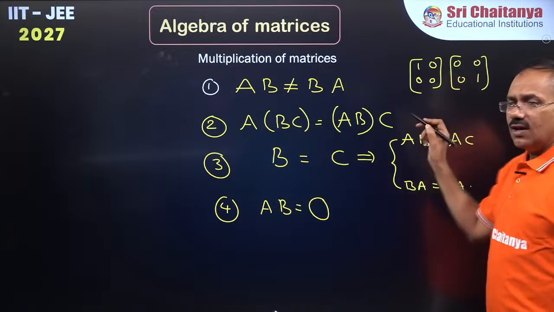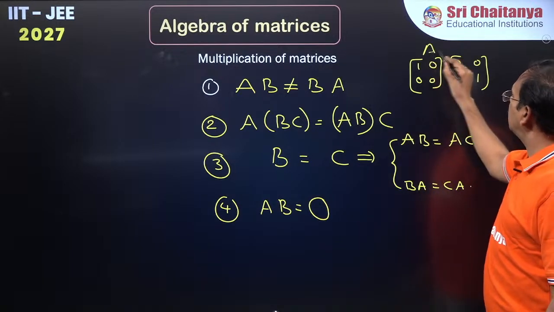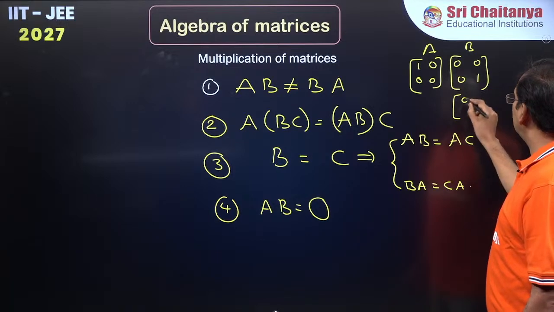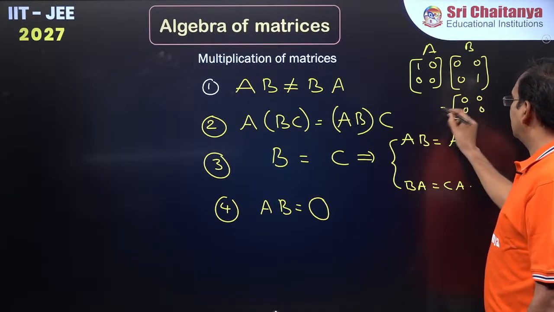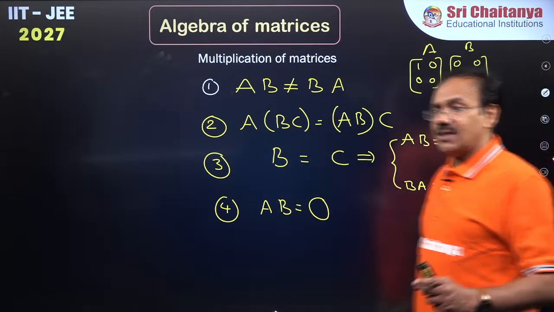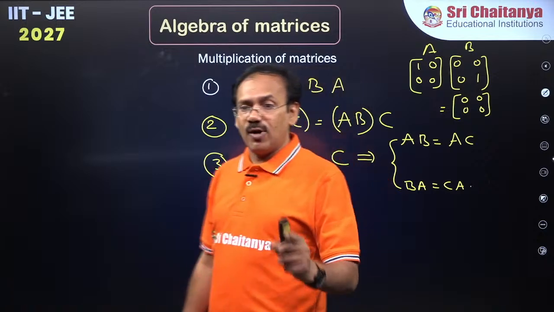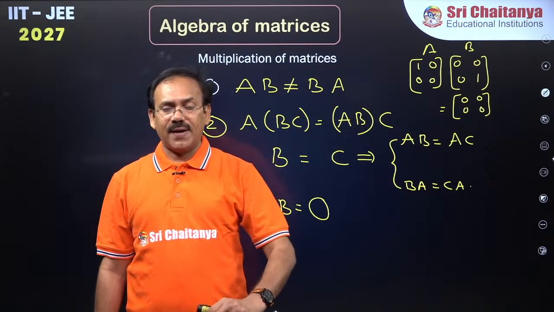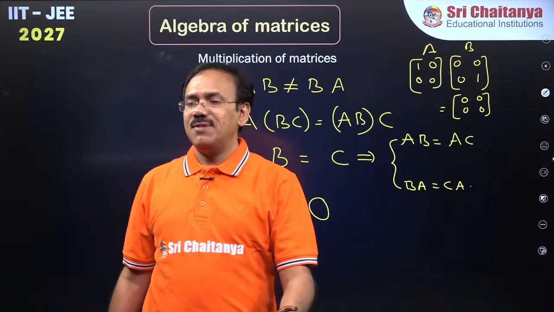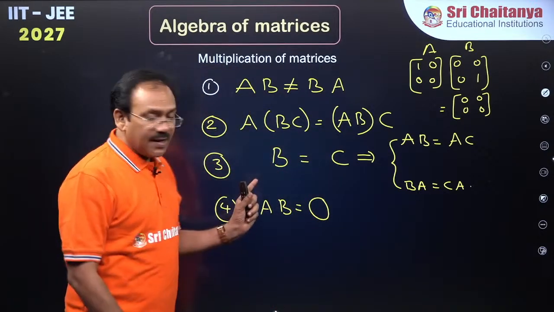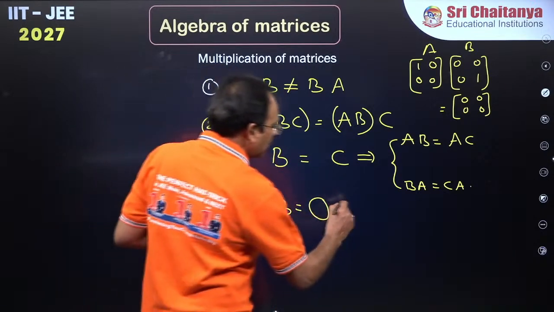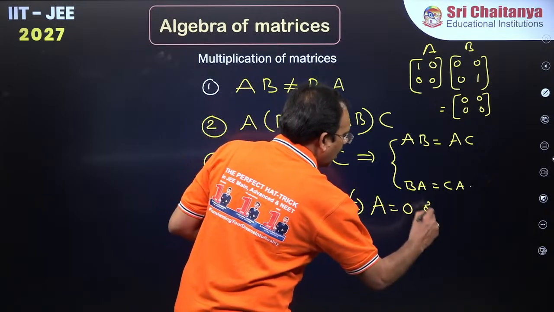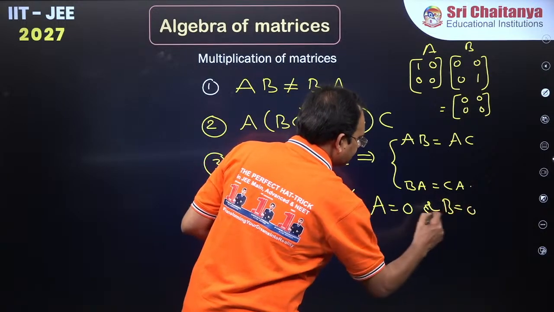This is non-zero, this is non-zero, but the product becomes 0 0 0 0. So in matrices, even though A and B are both non-zero, the product can be 0, and hence AB is equal to 0 doesn't imply either A is 0 or B is 0.